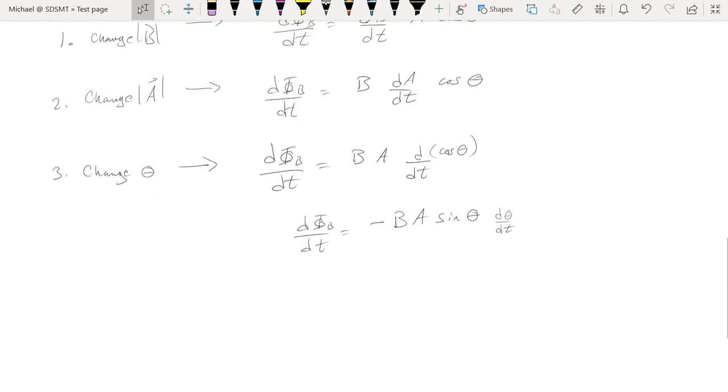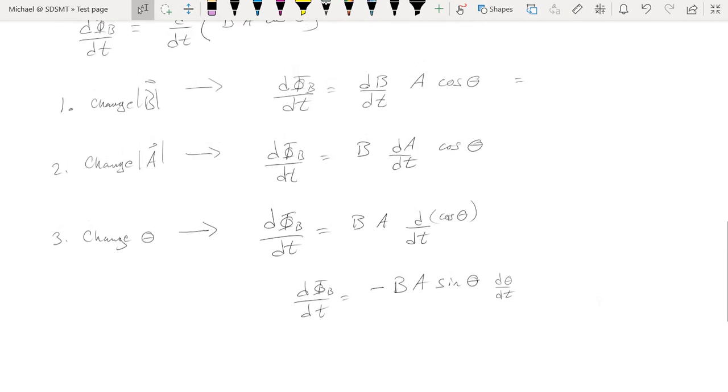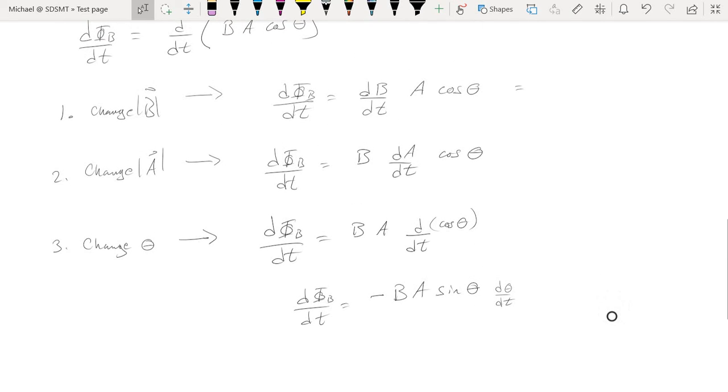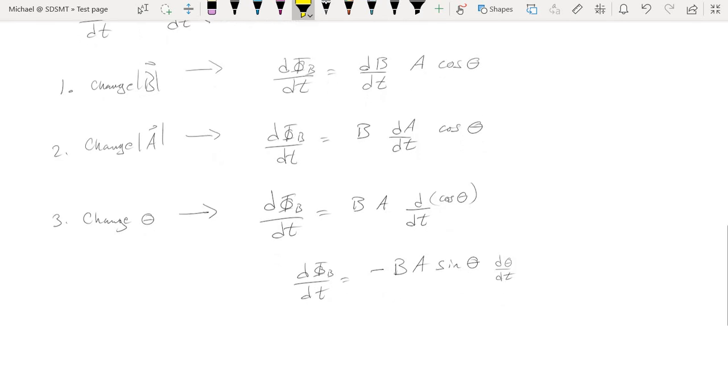Now I'm going to bring this video to a close here in just a couple of minutes, and we'll actually explore some example problems involving these three different situations. So we'll see what it takes to change a magnetic field, change an area, change an angle, etc.